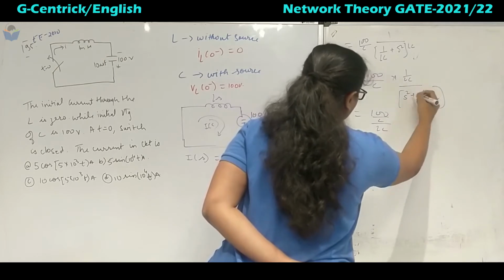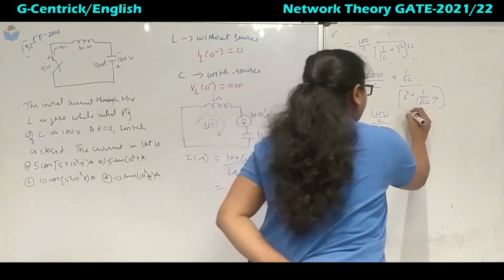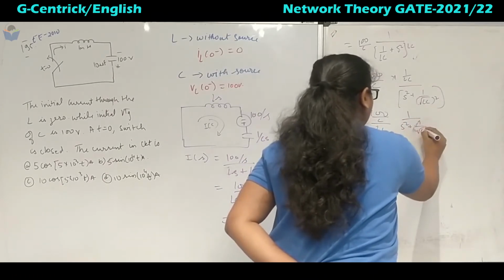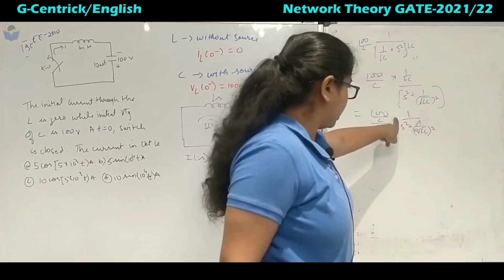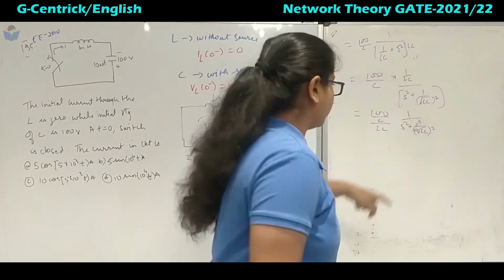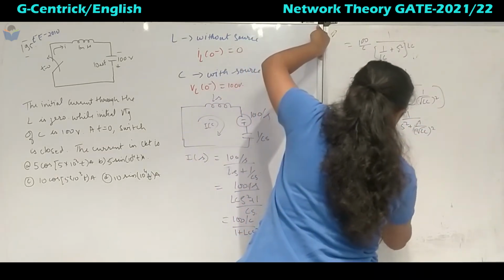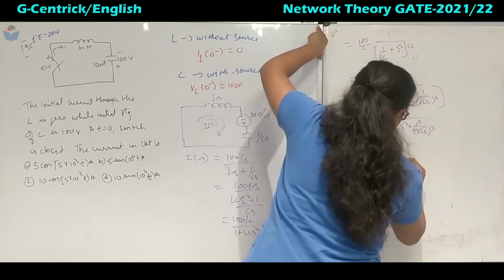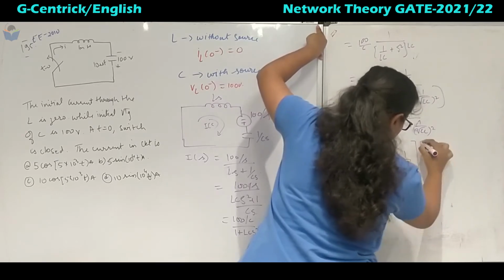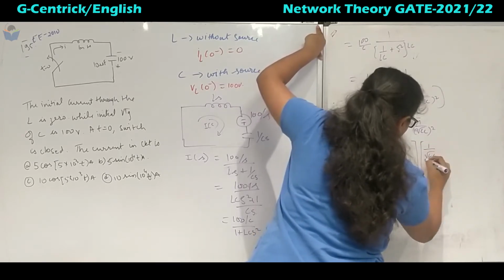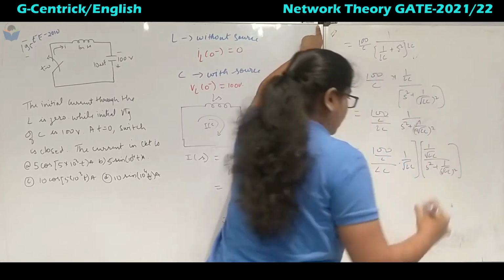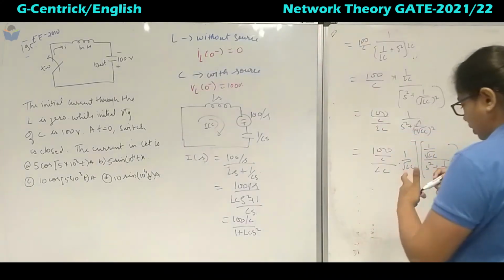I'll take one more step. If I multiply 1 by root LC here and 1 by root LC over here, it will be of the form 100C divided by LC, into 1 over root LC. This is a separate part, divided by S square plus root of LC whole square.